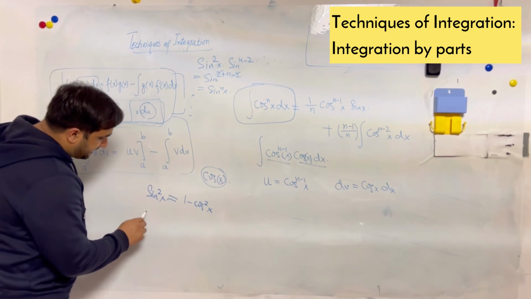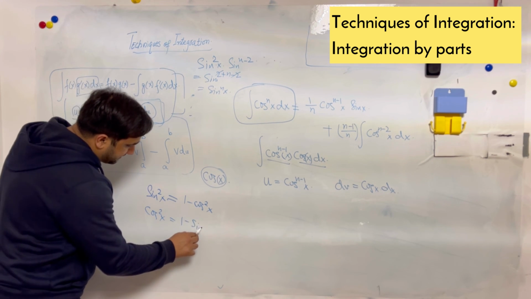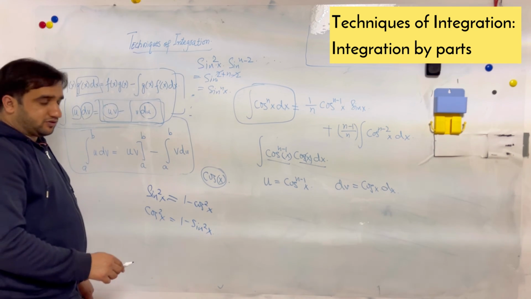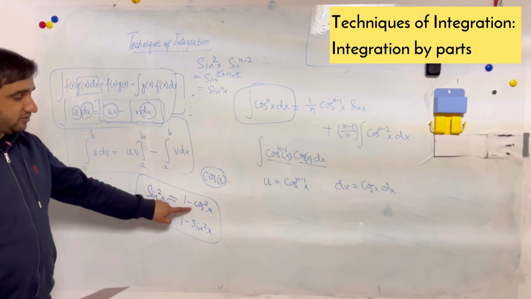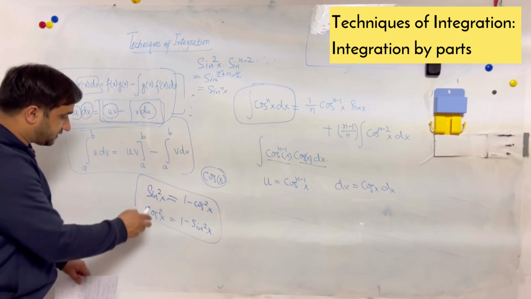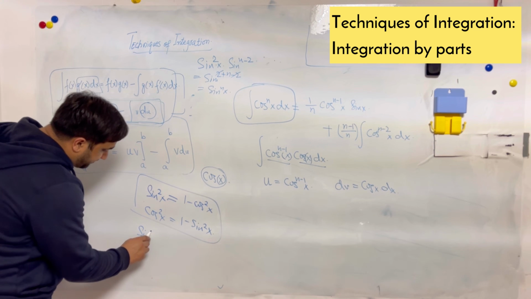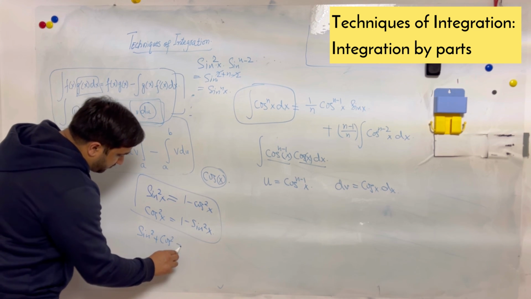In the case of sine, we replaced cos square x with 1 minus sine square x. Sine square is always equal to 1 minus cos square, and cos square is equal to 1 minus sine square, because both of them are coming from the circle formula. Sine square plus cos square is equal to 1.